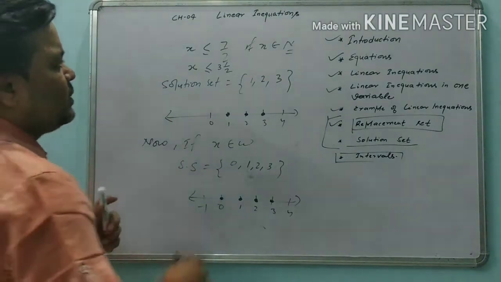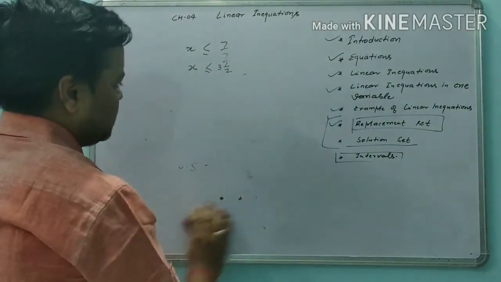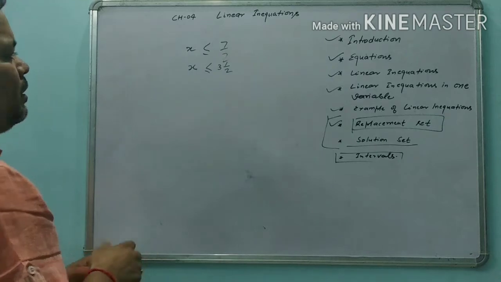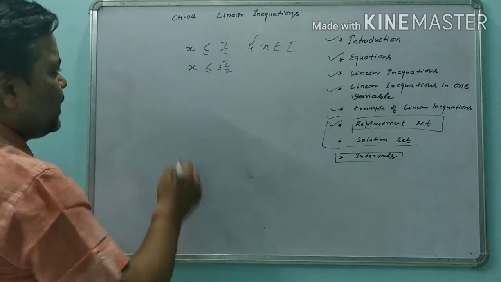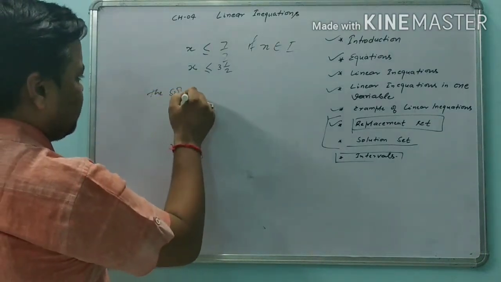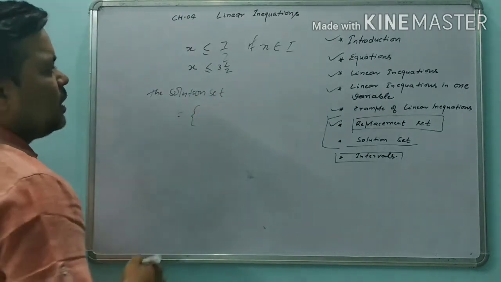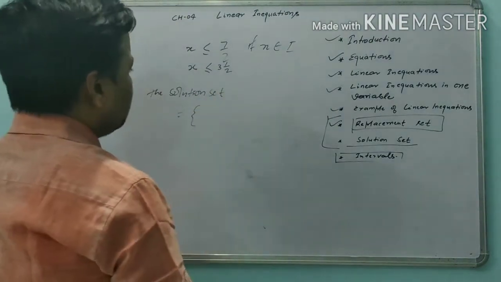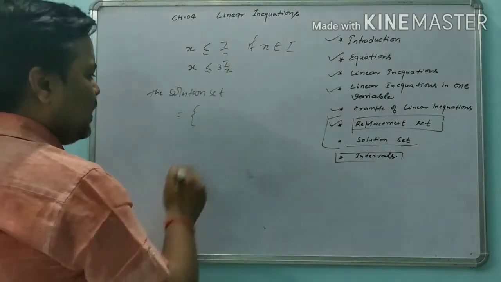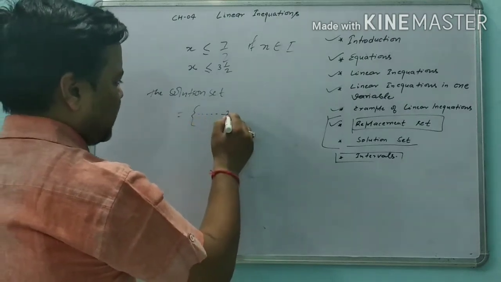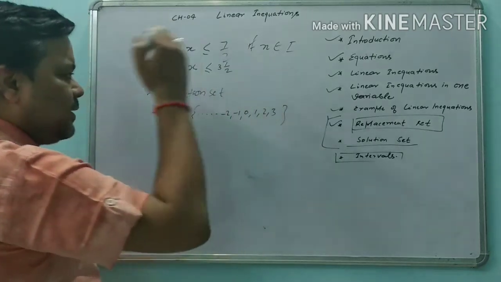Similarly, if we take two more conditions, that is, if x belongs to integer, in that case the solution set is all the values of x which are less than 3 1/2. It means all the negative values we get here, -2, -1, 0, 1, 2, 3, because all are integers.